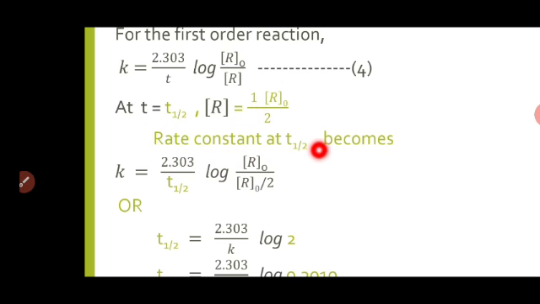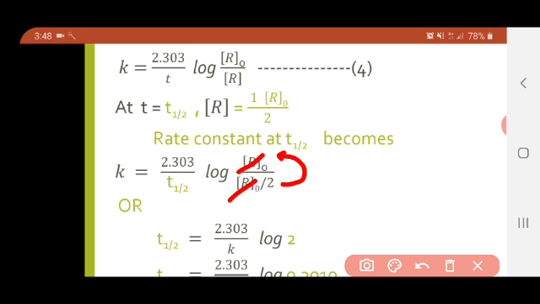So the rate constant at t half becomes K is equal to 2.303 divided by t half into log of R naught divided by R naught by 2, because R will become R naught by 2. Now this is denominator to denominator, so this 2 will come to the numerator, and this R naught gets cancelled.